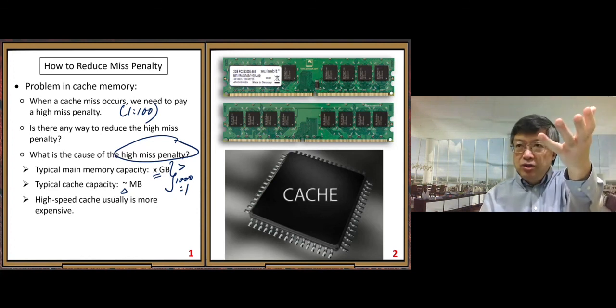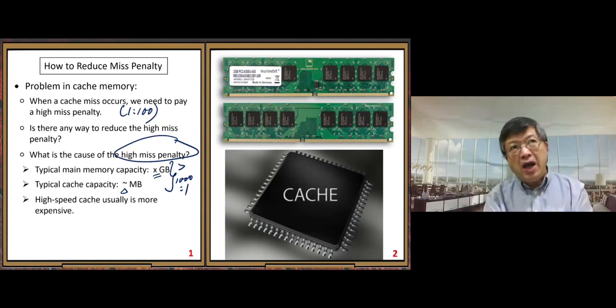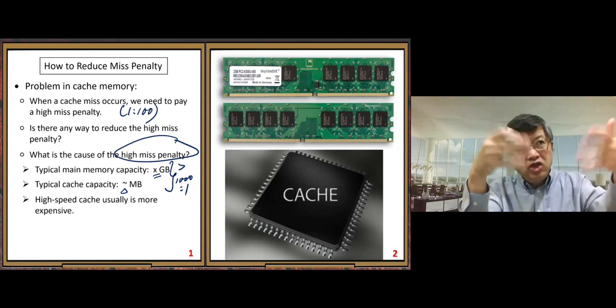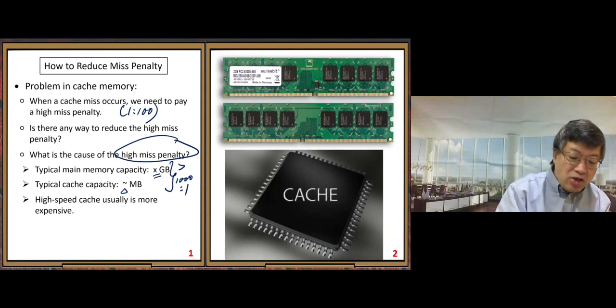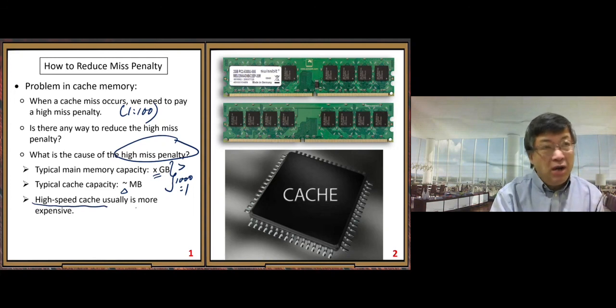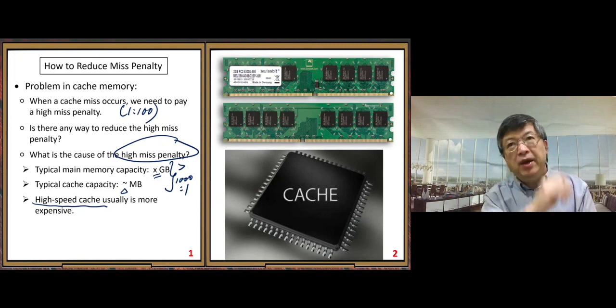When we fetch a cache block in a cache, we want the hit time, the fetch time, to be very fast. So we'd like to use a high-speed cache, but the capacity cannot be too big.